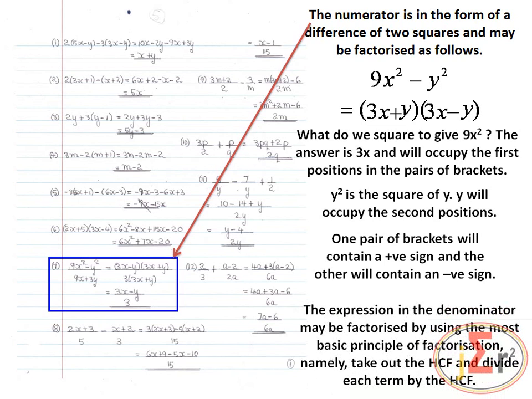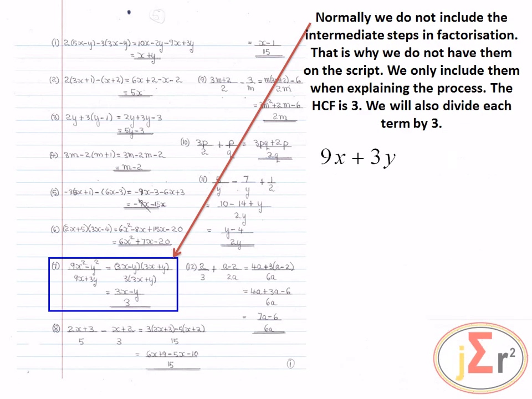The expression in the denominator may be factorized by using the most basic principle of factorization, namely, take out the highest common factor and divide each term by the highest common factor. Normally, we do not include the intermediate steps in factorization.